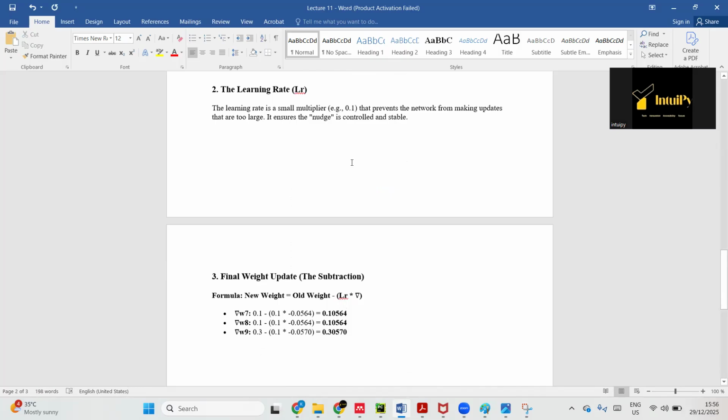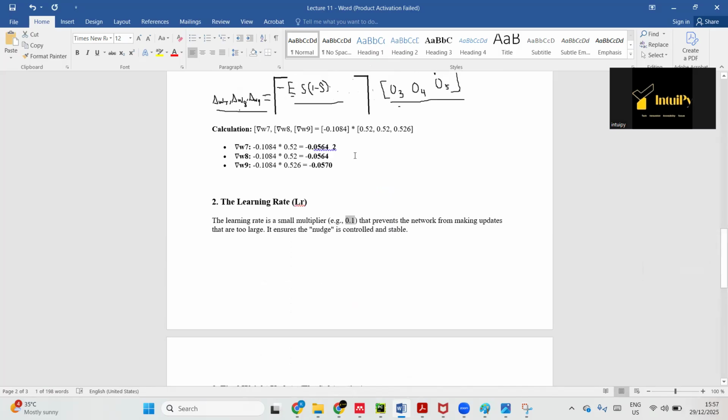In papers, they usually use maybe 0.001, but here we're going to use 0.1. So it's a small value that you will use to multiply this, such that the update is not too big.